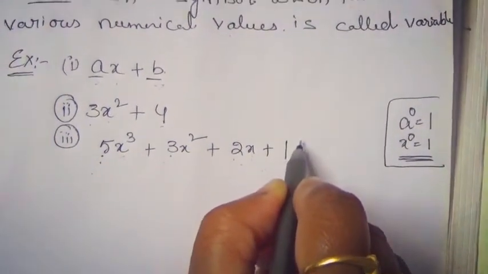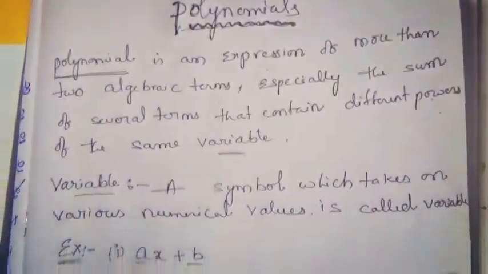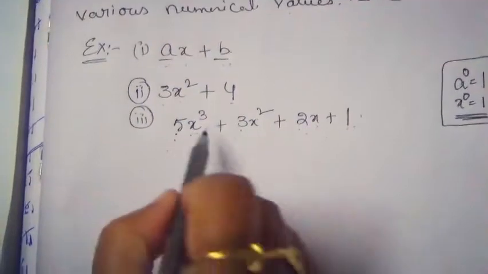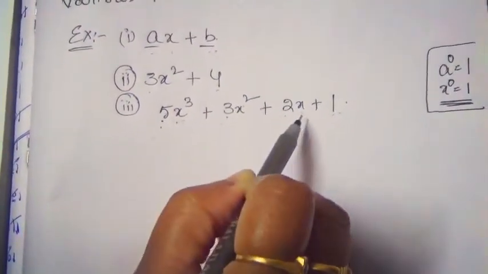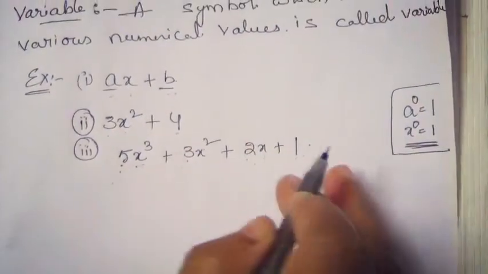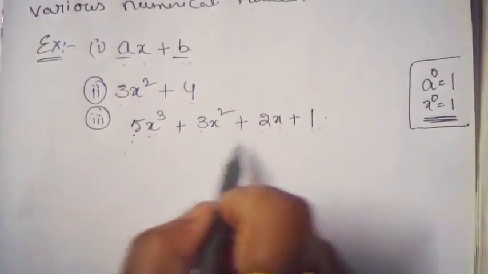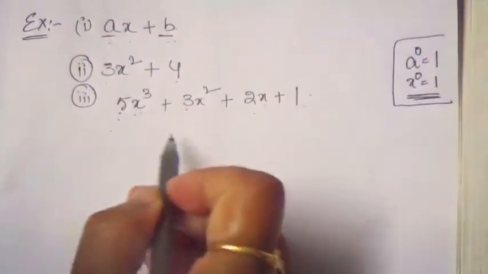So they are different powers with the same variable, x cube, x square, x. For this kind of algebraic expressions, we call them polynomials.